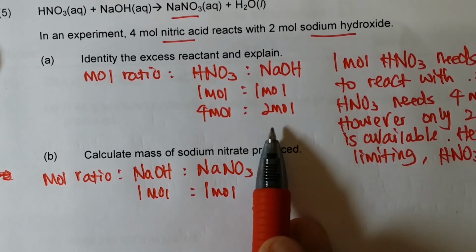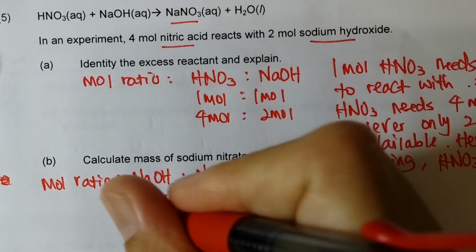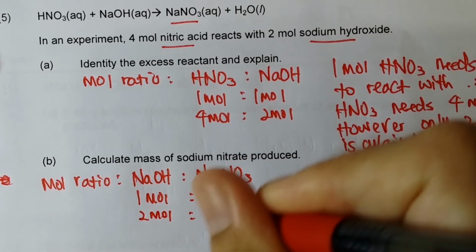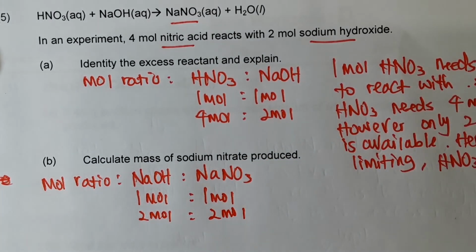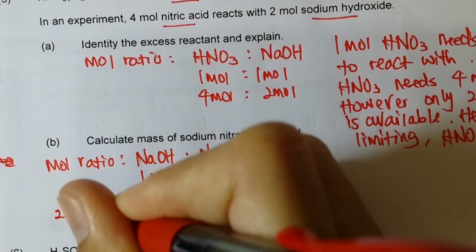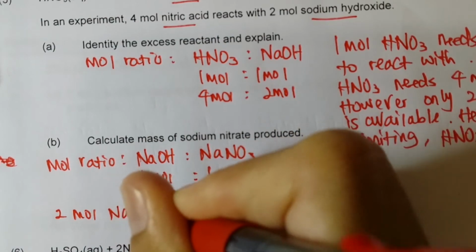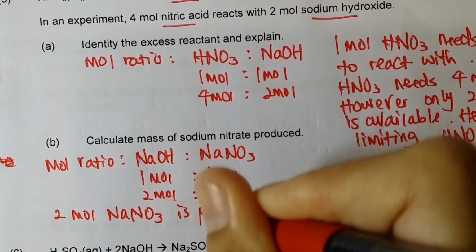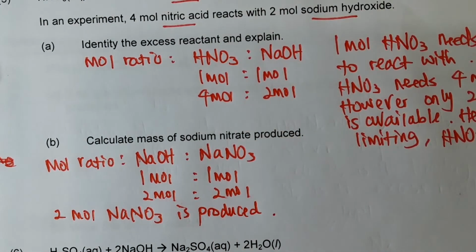Now you have 2 mole of NaOH being used, which means that you would have 2 mole of NaNO3 produced.